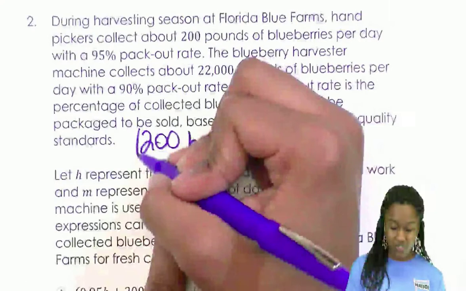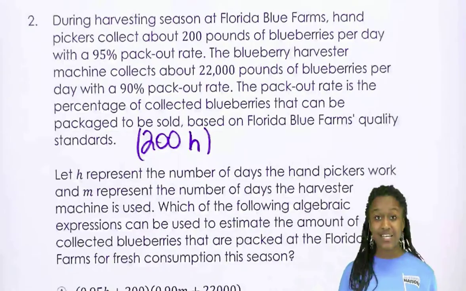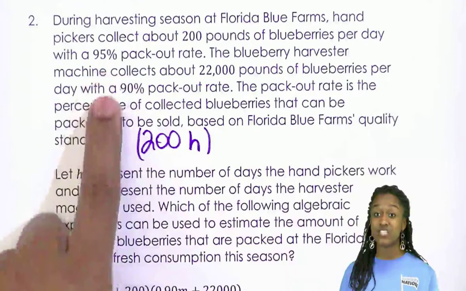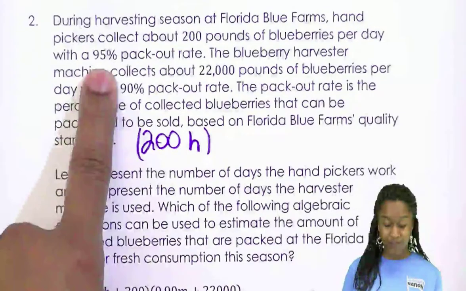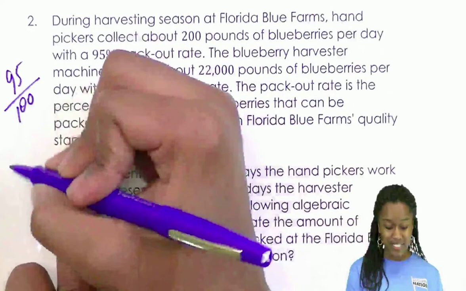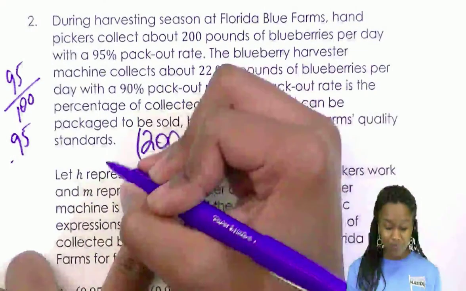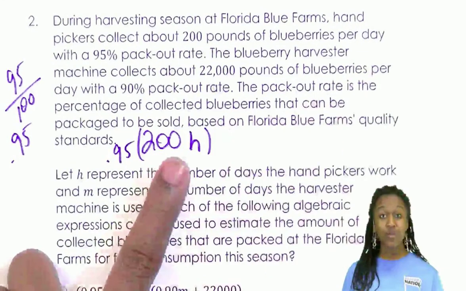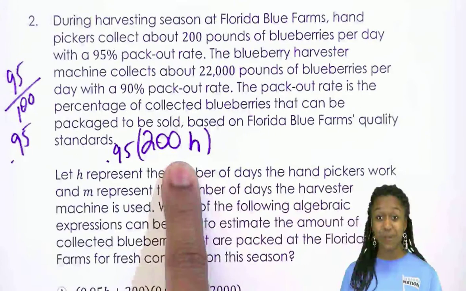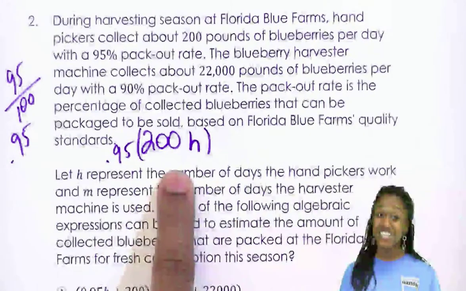So that gives us the total amount of pounds picked in a season. Now we need to take 95% of that. So what will we do? Well, we'll divide 95 by 100 to get 95% in decimal form. And then once we have that, we can multiply it by our expression that represents the total amount of blueberries picked that season. That's just for hand pickers though, right?